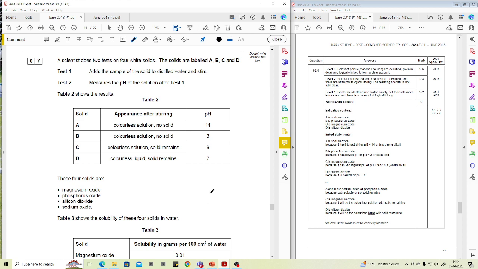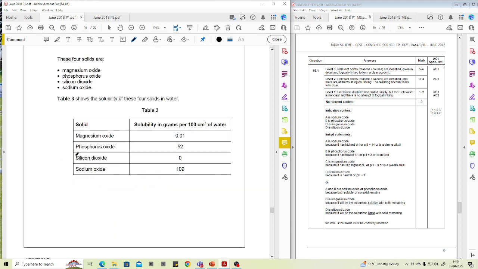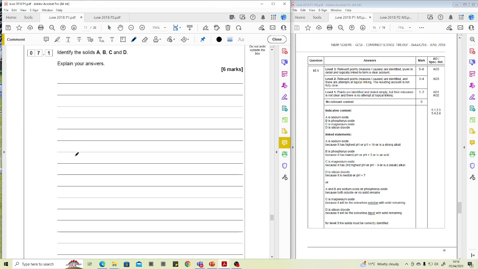Okay, question 7. So this is another one where we have investigation of an unknown practical, or unfamiliar practical, let's put it that way. What we need to do is to look at all the evidence, and then we're going to organise our answer to create an unstructured question.